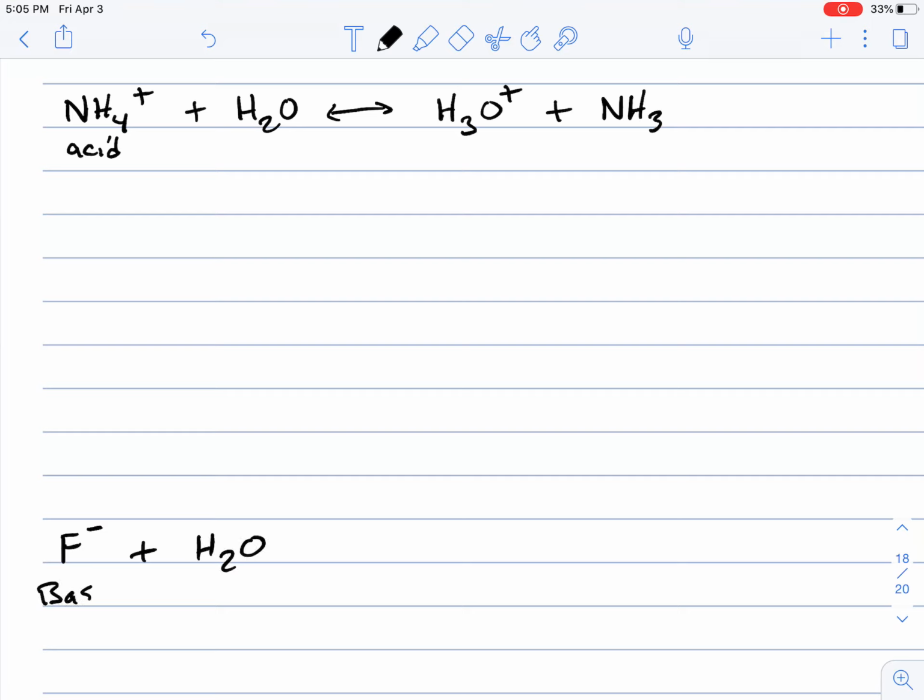F minus is going to act as our Lewis base, and it's going to take up one of these hydrogens. So the first product that we're going to get is HF, and the second product that we're going to get is OH minus. So if we take a hydrogen away from water, we just get OH.